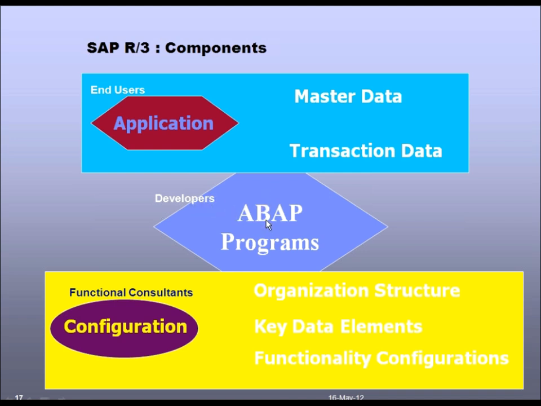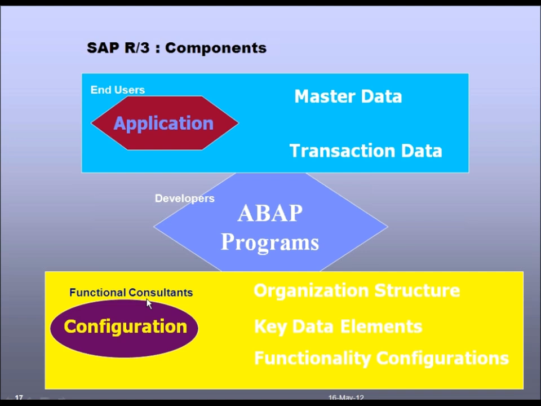But programs, okay, that's fine. Programs are created by the developers. So what is the basis for the program to work? You have to have an organizational structure available. You have to set up some key data elements. You have to set up some functionality configuration, or what we call process configurations. All these things are built by the functional consultants.